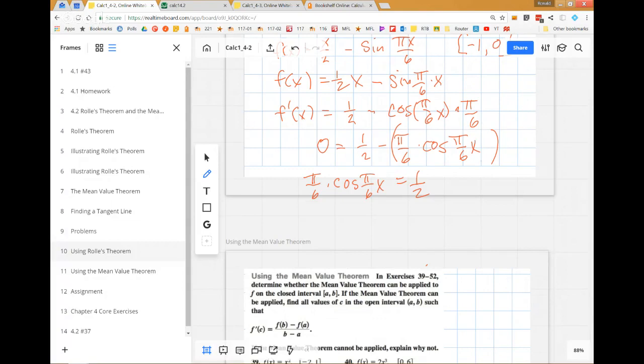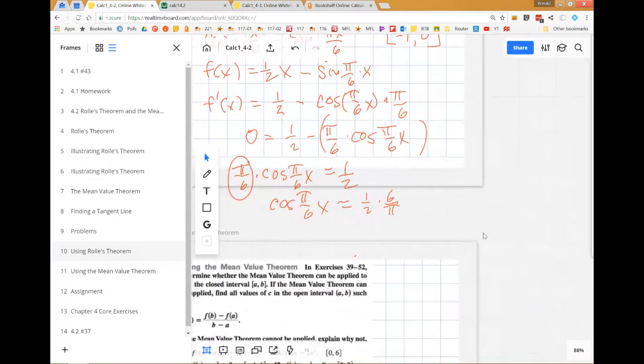Okay, so now let's get rid of this. Let's multiply both sides by the reciprocal. So that's going to be 1/2 times 6 over pi. I'm going to have to finish on the right because I'm running out of space.